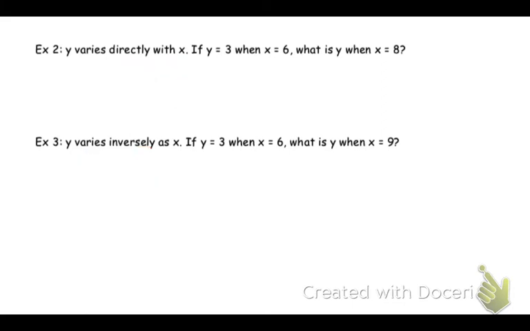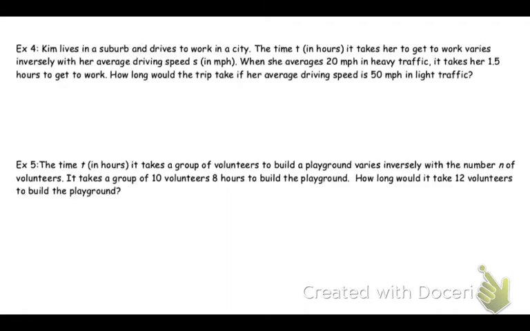All right. So the last thing we're going to look at is a couple of word problems. Very similar process to what we just did, but we need to find what our variables are by reading the problem. Example 4 tells us, Kim lives in a suburb and drives to work in a city. The time in hours it takes her to get to work varies inversely with her average driving speed.